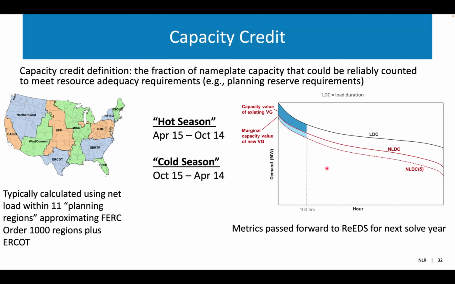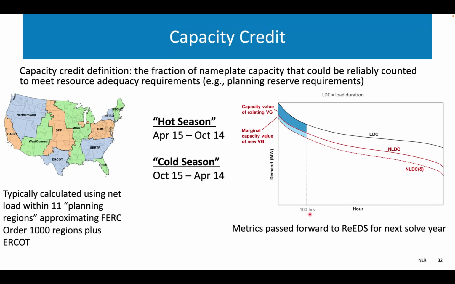The model will then subtract generation of existing variable generating sources at each hour to generate the net load duration curve, or NLDC. This is the red solid line here, and then subtract the generation of another incremental addition of variable generating capacity to calculate the NLDC delta, which is the dotted red line here.